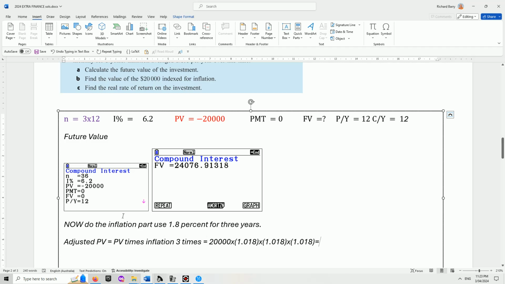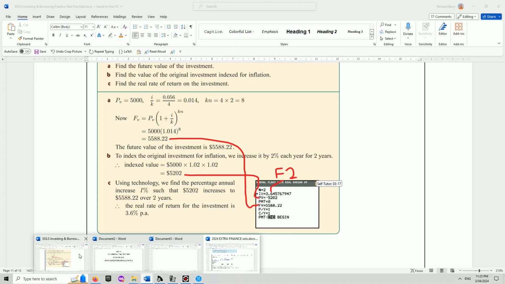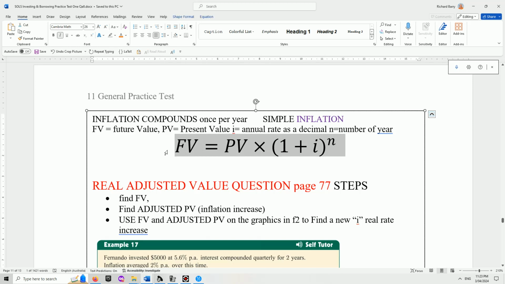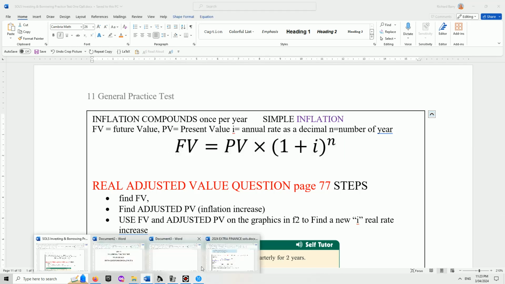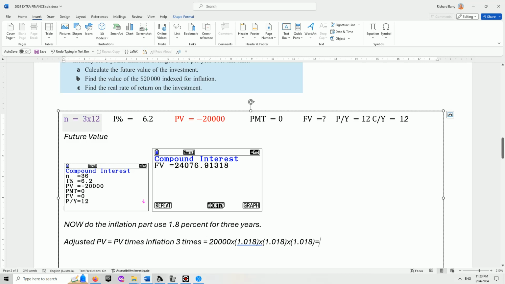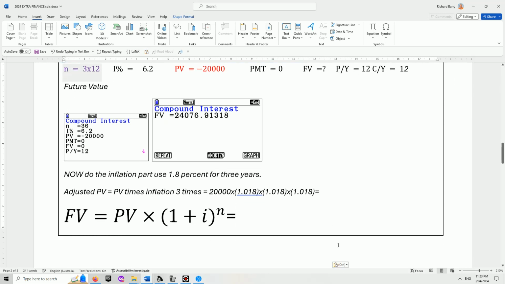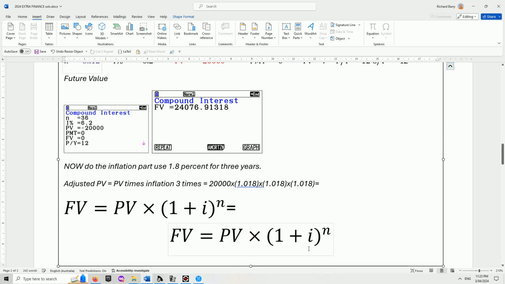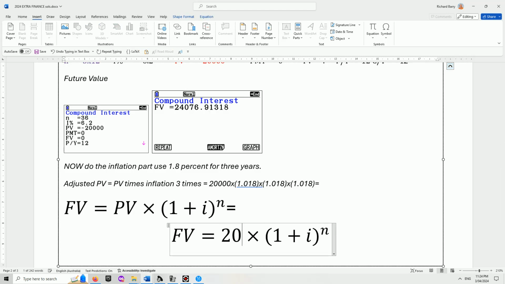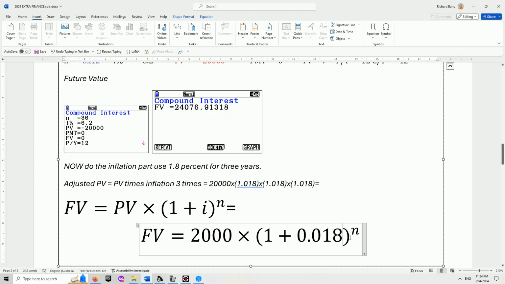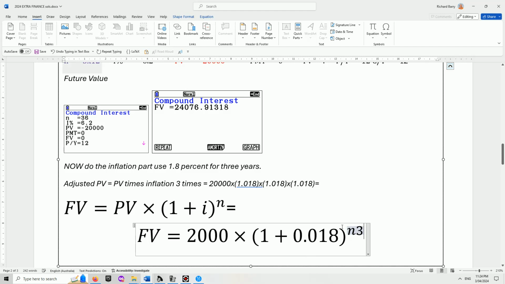Or, of course, we could use the formula. There's the formula: 20,000 times 1.018.